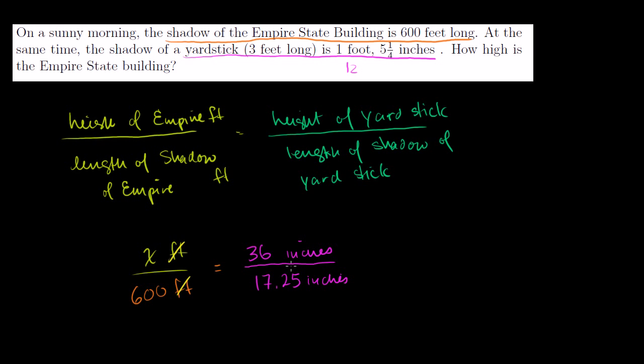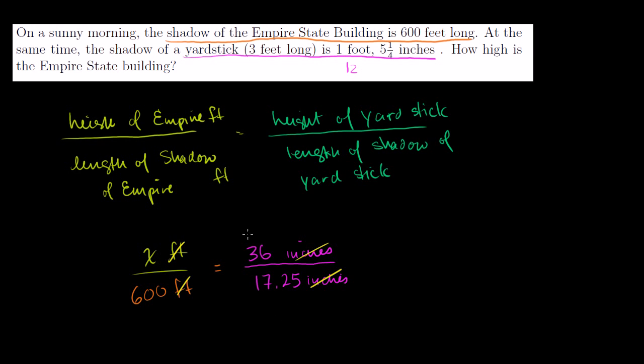Feet divided by feet, inches divided by inches. So they just become pure ratios. x over 600 is equal to 36 over 17.25. The reason I could use feet here and inches here is because the units cancel out. I want to make that very, very clear. Now we can just cross multiply, which is essentially multiplying both sides of the equation by 600 and 17.25.